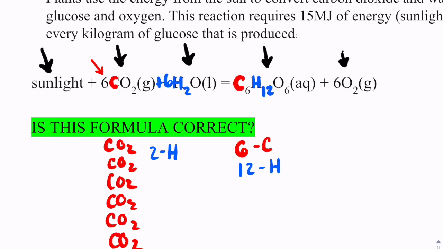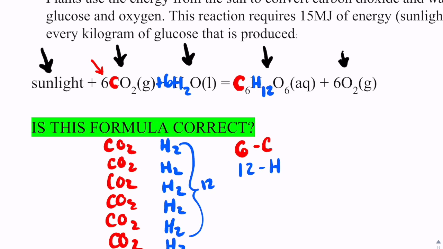If we multiply 6, what do we end up with? Well, you have 6 of our H2s. 1, 2, 3, 4, 5, 6 H2s. Now, if we add all of those up, what do we end up with? 12 hydrogens. Okay. Last thing we have to take a peek at is the number of oxygens.